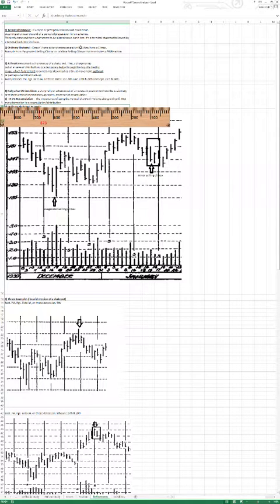That'll show you a very clear terminal shakeout before markup. So that's a fairly recent, very clear example. But basically you have a base, you have what seems like a breakdown, but it's not a breakdown, it's a shakeout. You have a reversal back up, and then you have markup.